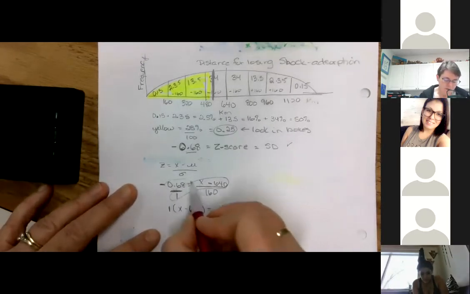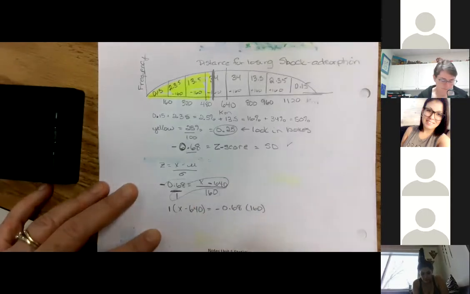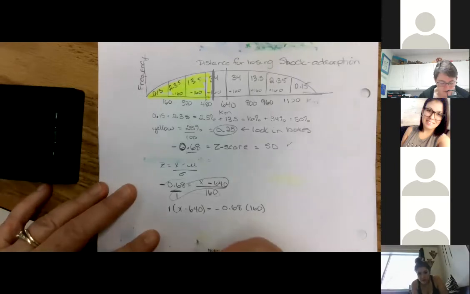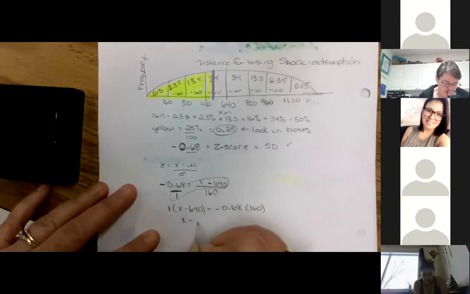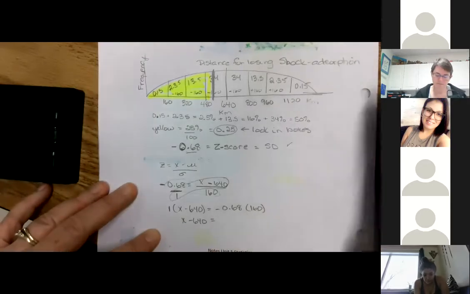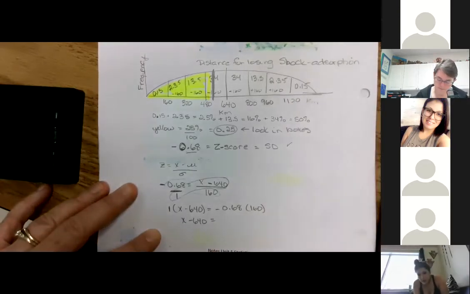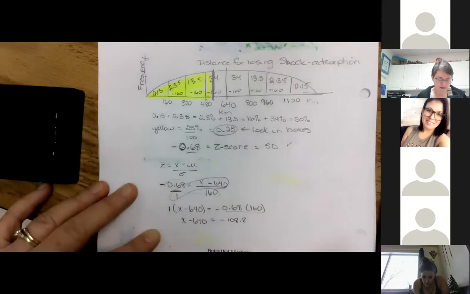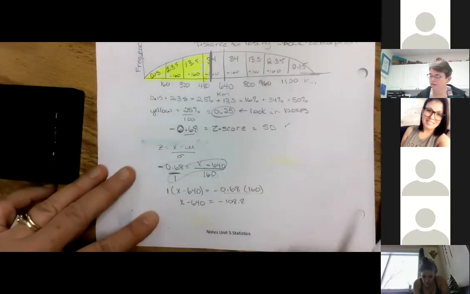I only cross multiply because I hate fractions. I'm going to multiply by 1, but basically I'm just going to end up dropping my brackets. And this is negative 108.8. So when I multiply these through together, I need to solve my equation.